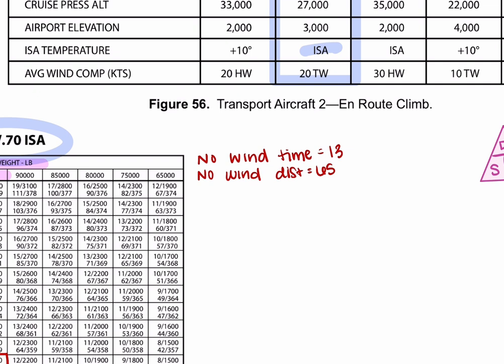To solve for speed, that's going to be distance divided by time. If you draw it as a little triangle, you can see exactly what you should be doing.